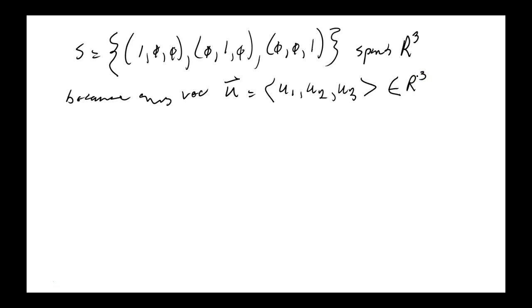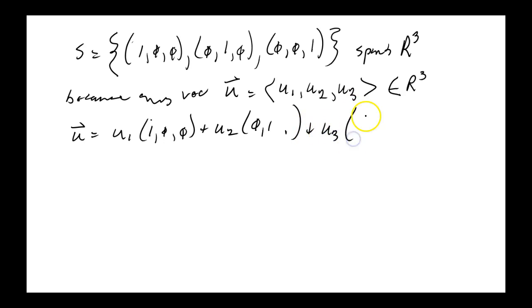Any vector in R3 can be written as u1 times (1, 0, 0), plus u2 times (0, 1, 0), plus u3 times (0, 0, 1).